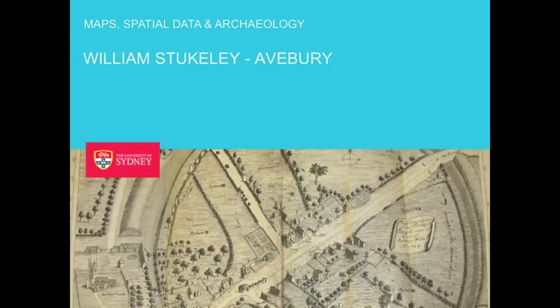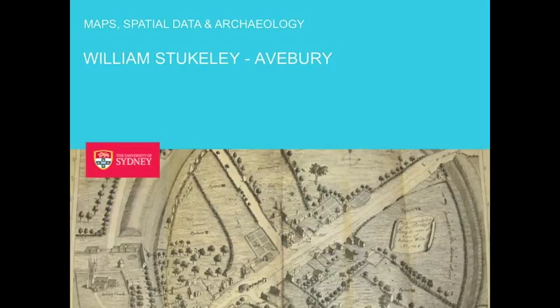He was one of the founders of the Society of Antiquaries. He was a friend of Isaac Newton and Edmund Halley. He was a member of the Royal Society. And he went through this exercise of mapping and interpreting this stone circle in the middle of the 18th century.